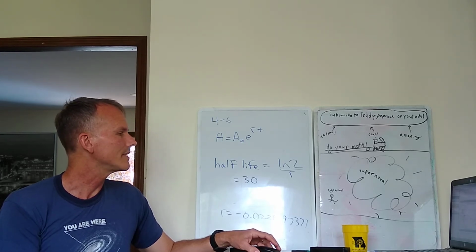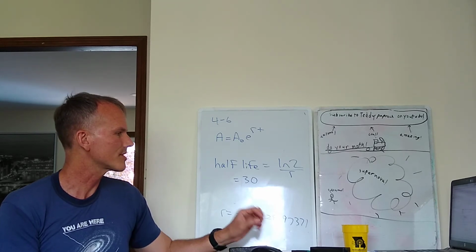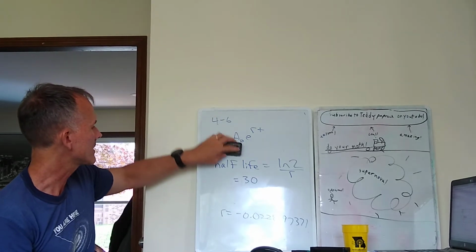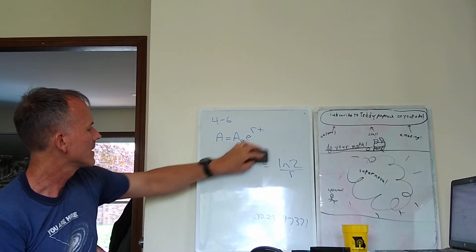Okay, so 11. What we're going to have to do for 11 is talk about the pH scale. And again, if you've been in chemistry, you might already know how pH is figured. I'll erase this, and we're not using this exponential growth model anymore.